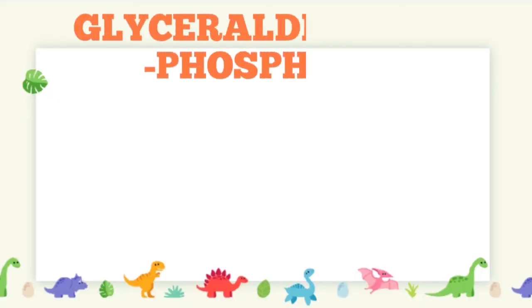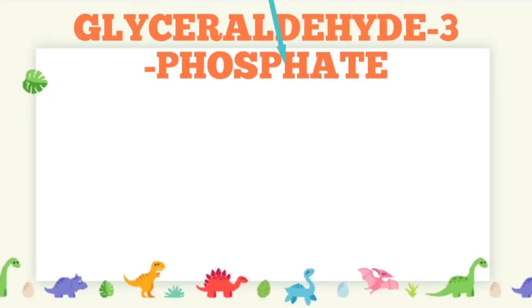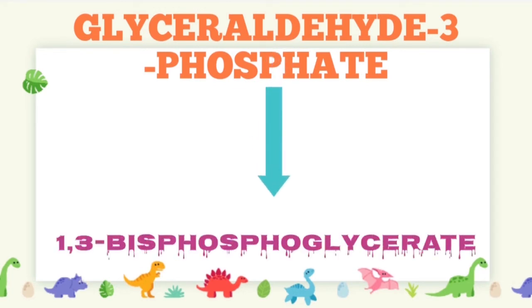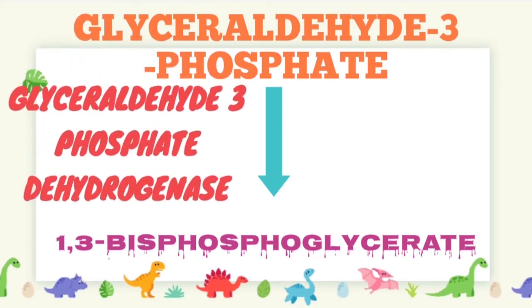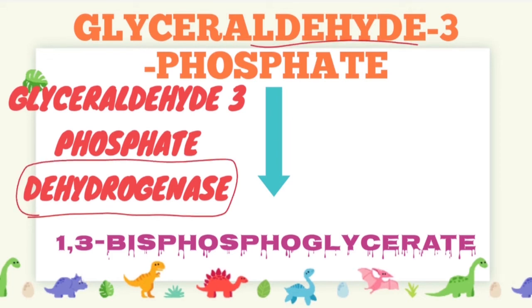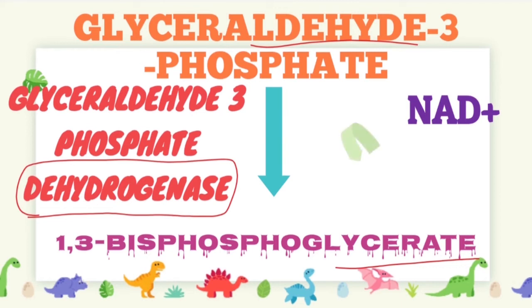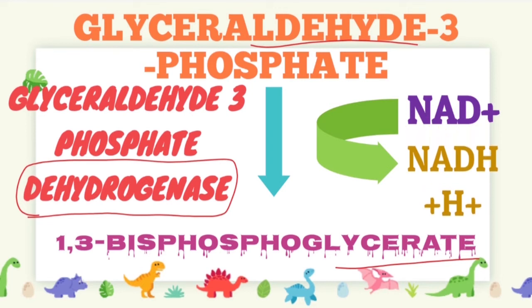That is, glyceraldehyde 3-phosphate is converted into 1,3-bisphosphoglycerate with the help of which enzyme? Glyceraldehyde 3-phosphate dehydrogenase. So here, as you can see, a hydrogen is removed. Aldehyde is converted into glycerate. So here NAD plus is converted into NADH plus H plus.